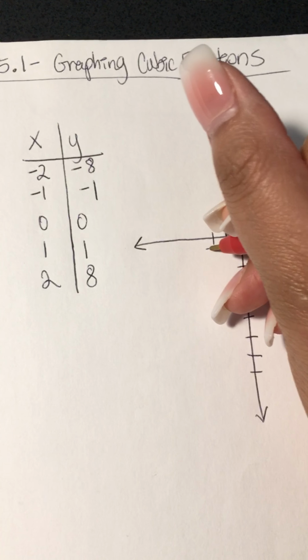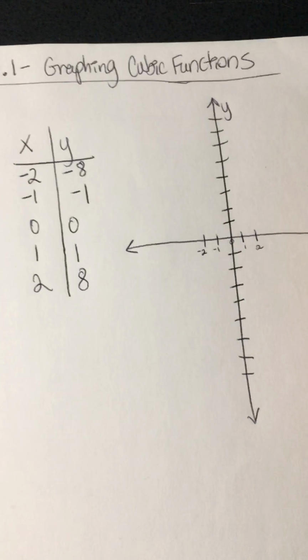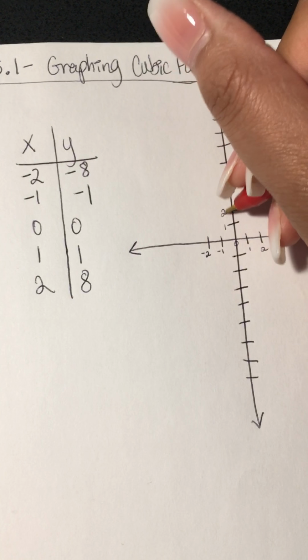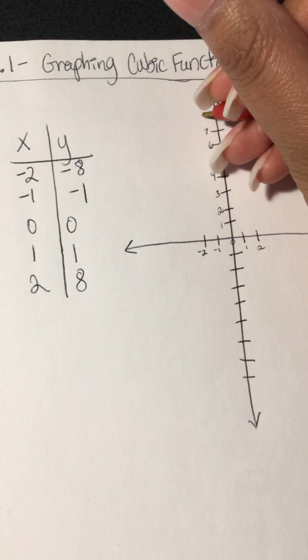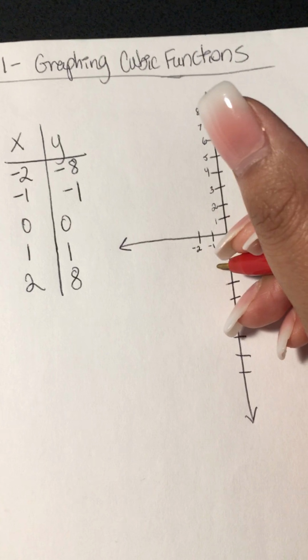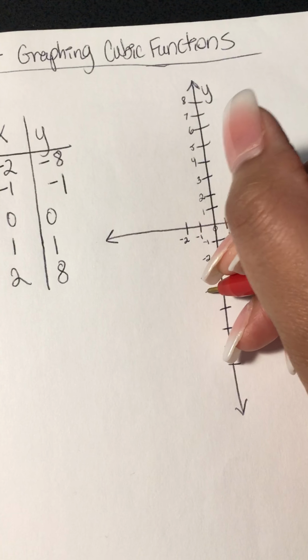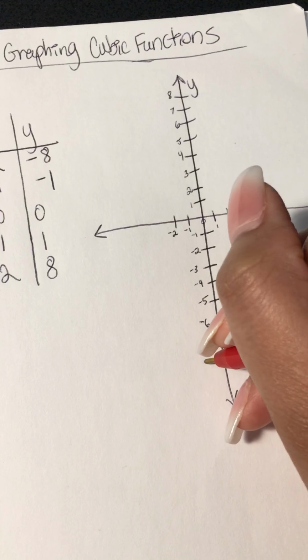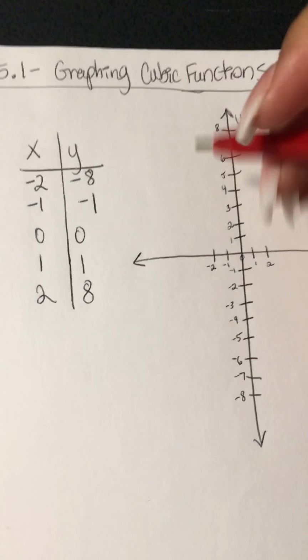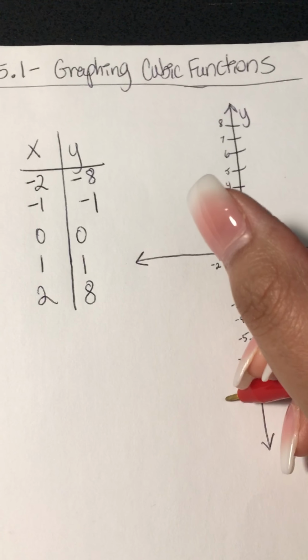Remember, positive goes to the right, negative goes to the left, positive goes up, negative goes down. Write your numbers small, right beside the line. -2, -8. Try to keep it as neat as possible.